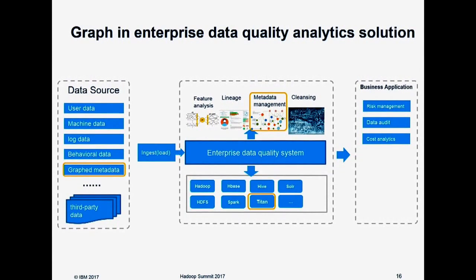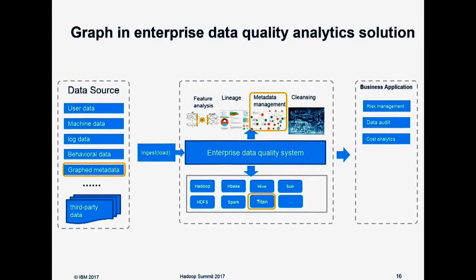Of course, on the right-hand side, you have your business application, where you want to derive quality results from the data on the left side, the data source, through the middle tier, which is the enterprise data quality system. And we have Titan at the bottom, which is the graph database that I'm going to describe in the next slide.